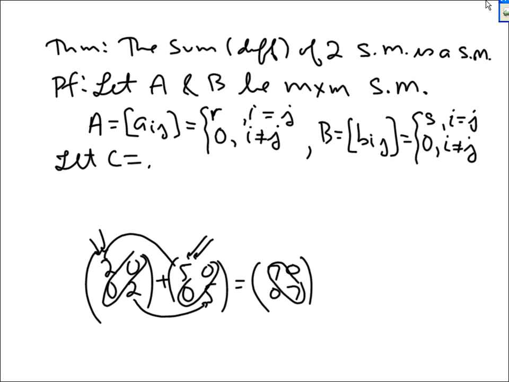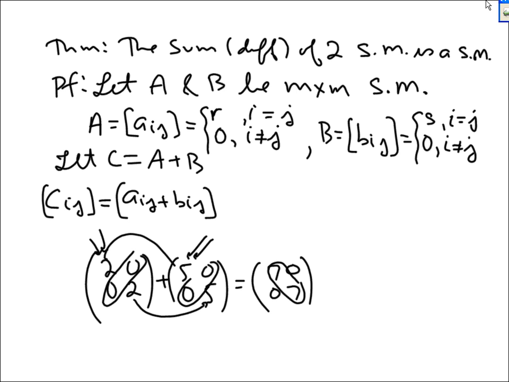Okay. Now, let C equal A plus B. Well then, Cij is going to be Aij plus Bij. The Cij entry will be Aij plus Bij. But here's where it comes together.